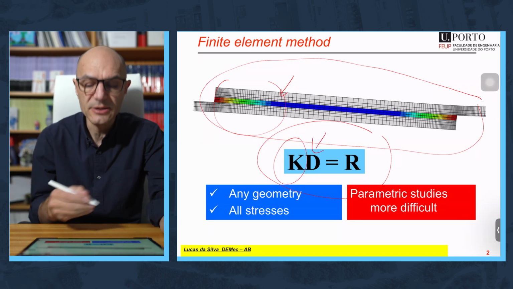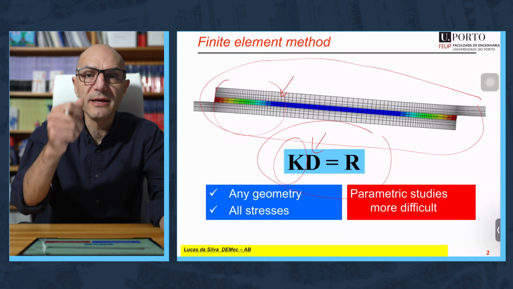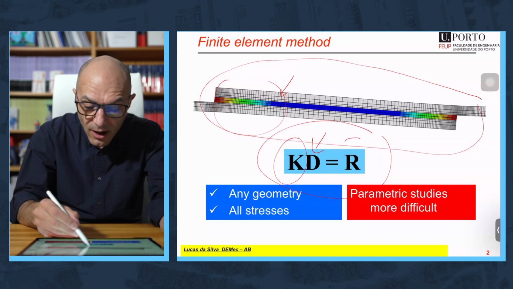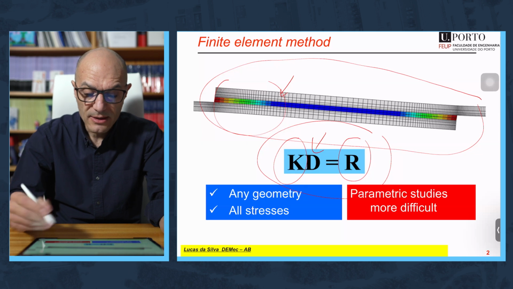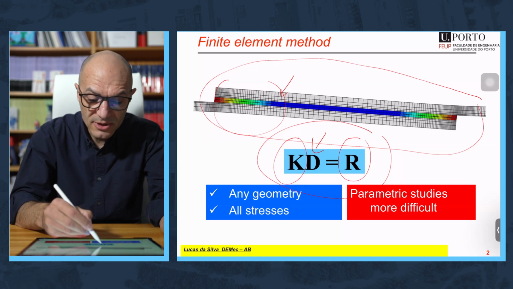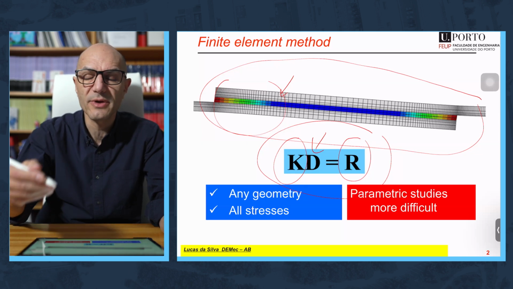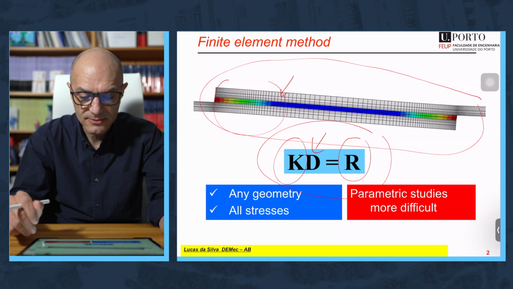D is the unknown, the displacements at the nodes, and R is the external forces applied. So you solve this, then you know D. Once you know D, you know the strain. Once you know the strain, you know the stress.